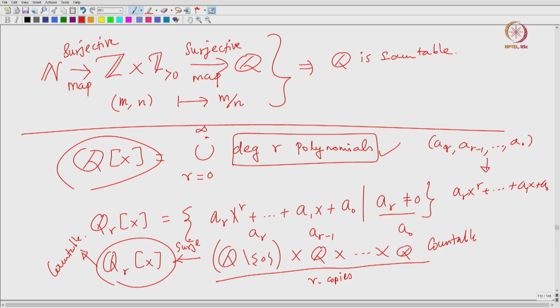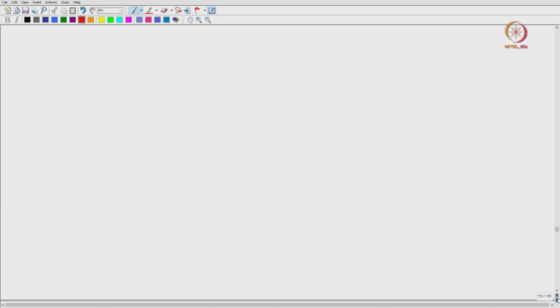Similarly, one can prove that H[x] is countable, and so we just define uncountable sets to be sets which are not countable. So, for example, one can prove that the real numbers or any interval, like a closed interval, open interval and so on, are all indeed uncountable. Okay. So, maybe those facts you will be seeing in your analysis course.